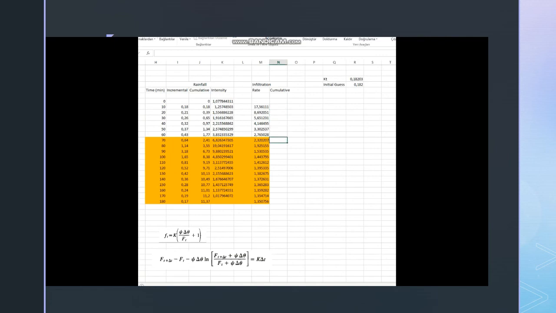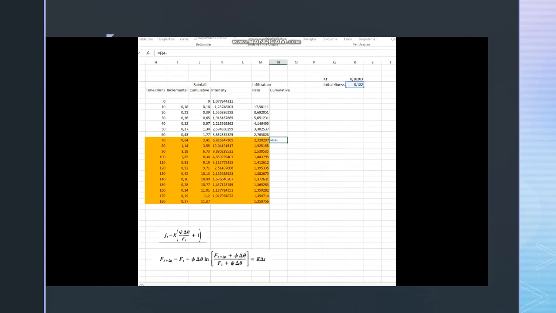We are going to start here. It is equal to, I'm saying, the first F t plus delta t, which is my initial guess, minus my previous cumulative infiltration, which is 177, the cumulative rainfall, because whatever rainfall comes, we were saying it goes inside the soil.